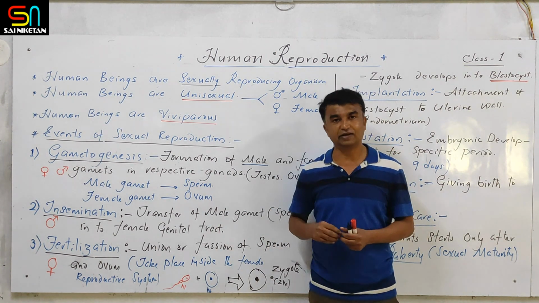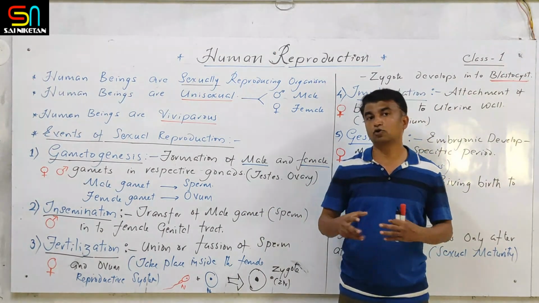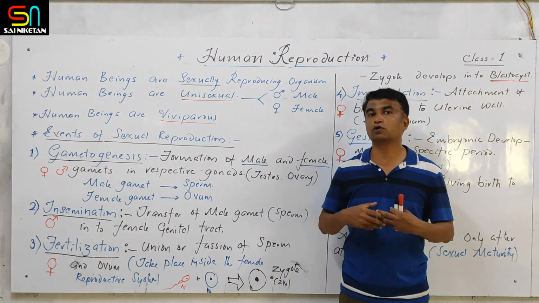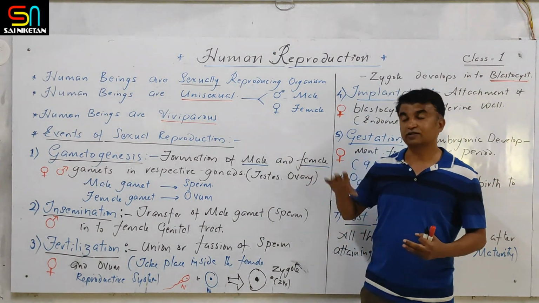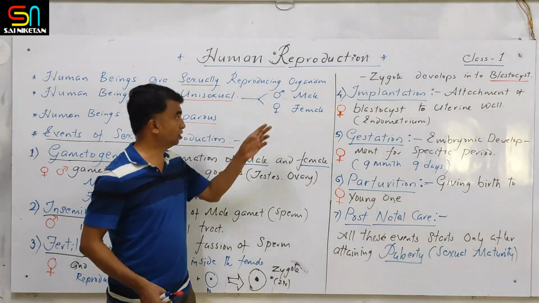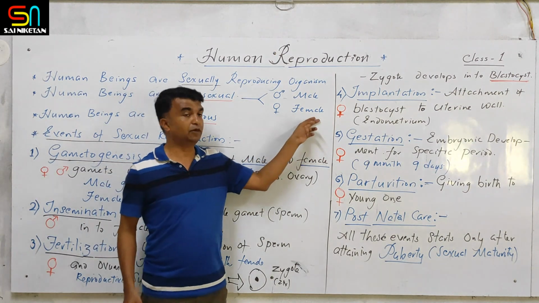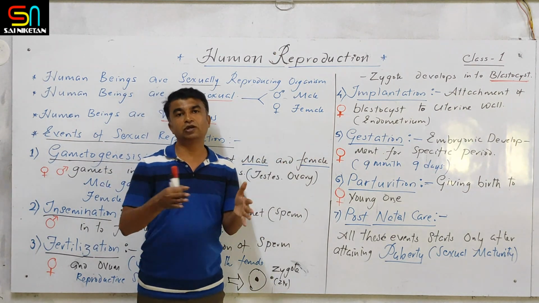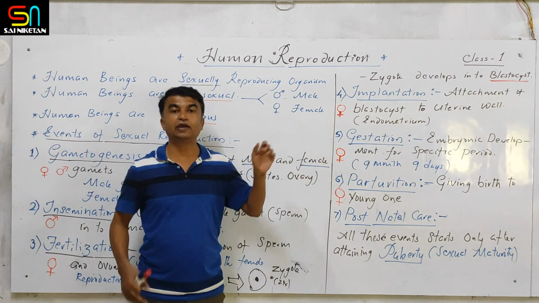After 45-50, females are unable to produce ovum. They are not reproductively fit. So the human male is reproductively fit even at old age. Females are reproductively active only up to 40 to 50 years of age.